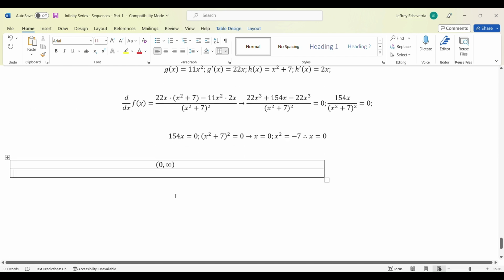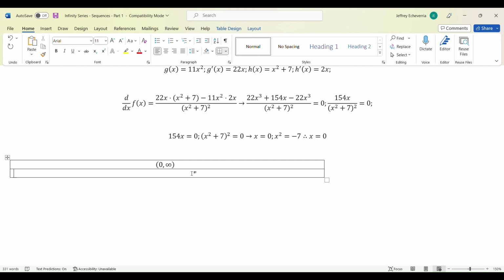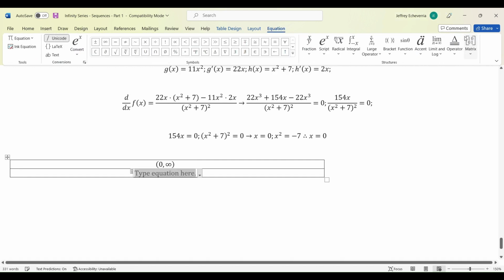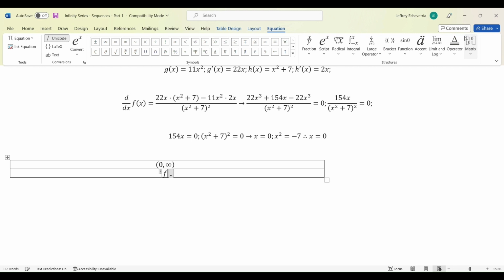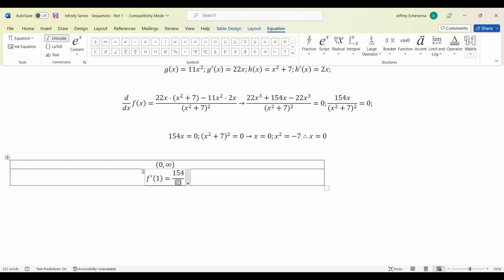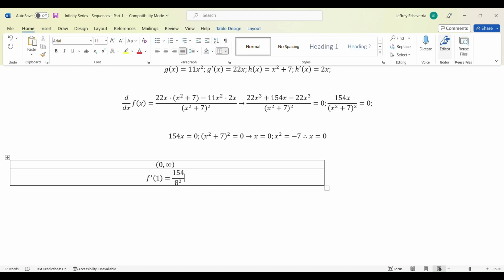Naturally, when you do critical points, you have to use the domain of the derivative, but in this case we don't. So let's just choose a value between 0 and infinity. Let's choose f prime of 1, which gives us 154 over 8 squared. We don't have to simplify this because we know it's a positive number.